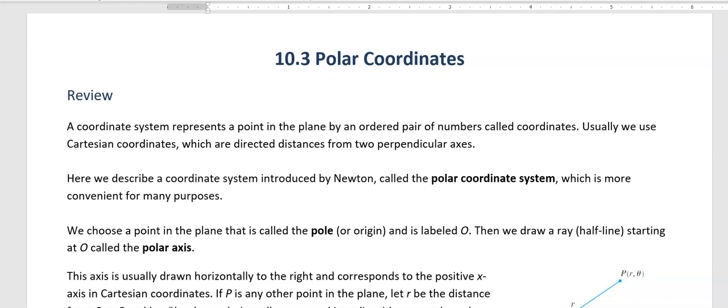Here we describe a coordinate system introduced by Newton, and this is called the polar coordinate system, which is quite convenient. We choose a point in the plane that is called a pole or an origin, and it is labeled as the letter O. Then we draw a ray or a half line starting at the origin called the polar axis.